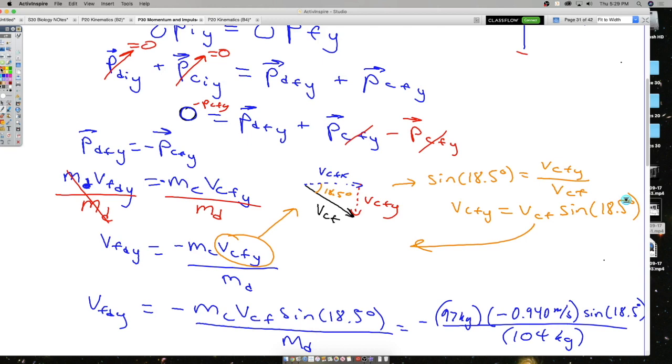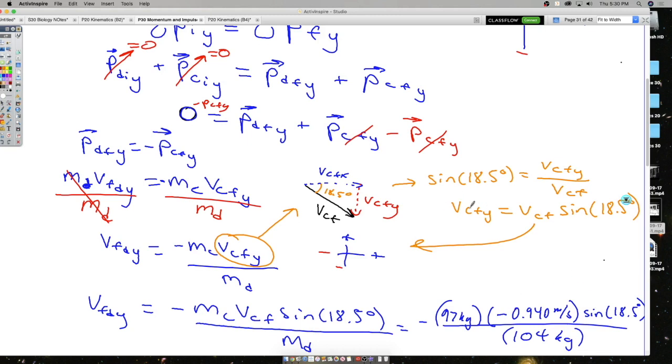Now, here's something you have to be super careful about. Why is it negative? Because I decided to define north and east as positive and south and west as negative. Now, you've got to be careful here. That means VCFY is in the negative y direction. So it's on us to slap that negative on this.